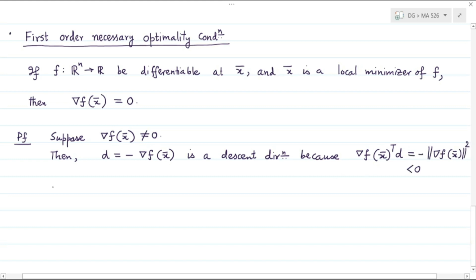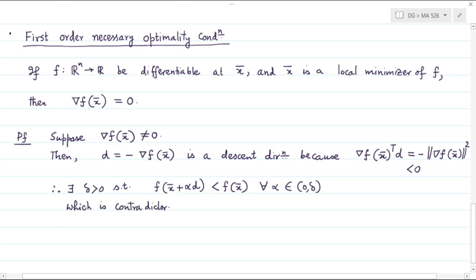So by first order characterization of descent direction, there exists a delta greater than 0 such that f of x bar plus alpha d is less than f of x bar for all alpha belonging to (0, delta). This inequality then means that x bar is not a local minimum, which is contradictory to the assumption. And therefore, our assumption was not valid, and hence the result follows.